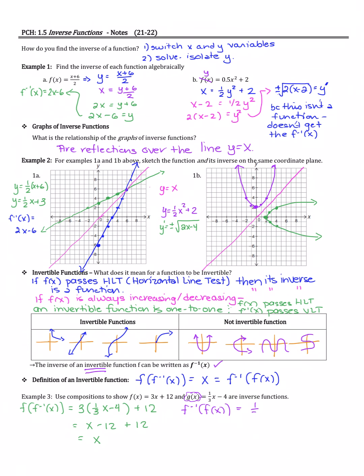So this is going to be 1/3 with a placeholder. f goes on the inside now, 3x plus 12. So 1/3 of 3x is x plus 4 minus 4, and voila. So in both cases, we get back x, so we know those are inverses of each other. All right?